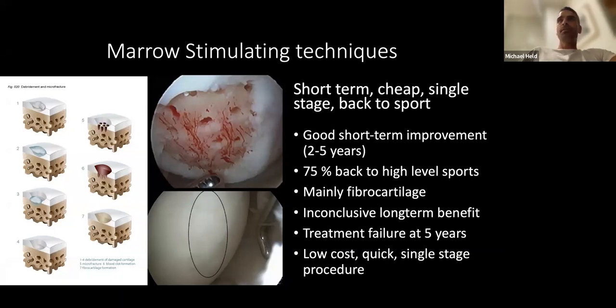But then afterwards, the failure increases quite quickly. We know it's mainly fibrocartilage, and unfortunately, we don't really understand the long-term benefit of it. But the nice thing is it's low cost, it's quite quick to do, and it's cheap. That's why it's the workhorse of cartilage defects.